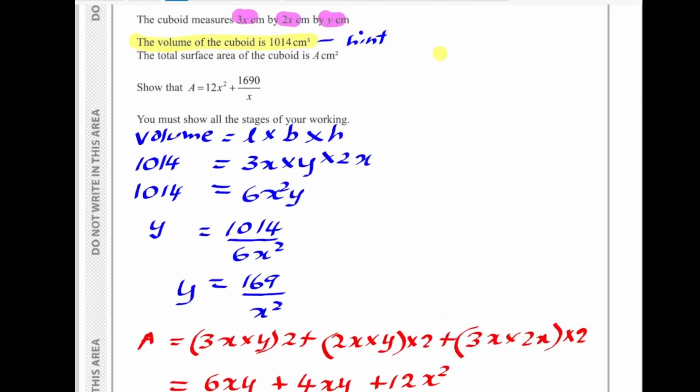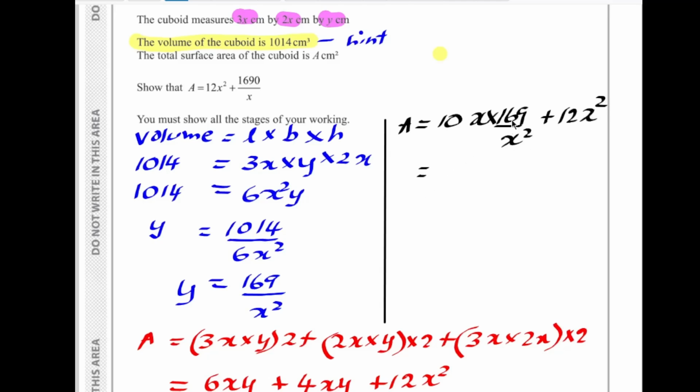Now we need to prove that we are getting this surface area. So I need to exclude y from this one. Then total surface area equals 10x, instead of y, I got to write 169 over x squared, plus 12x squared.